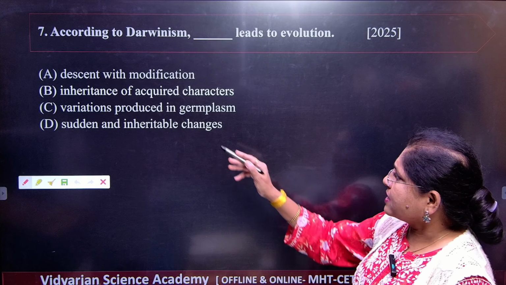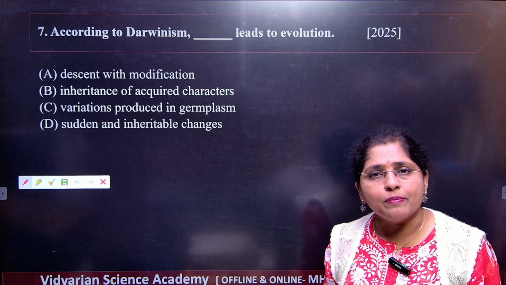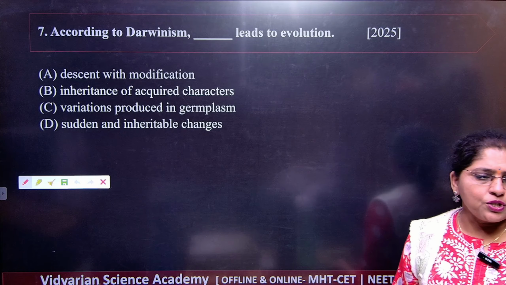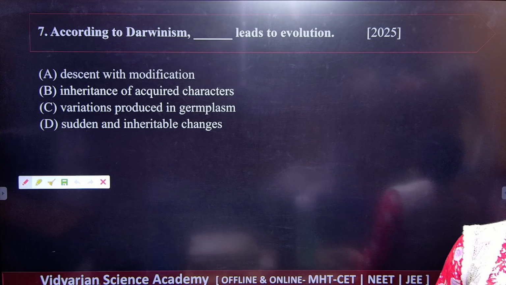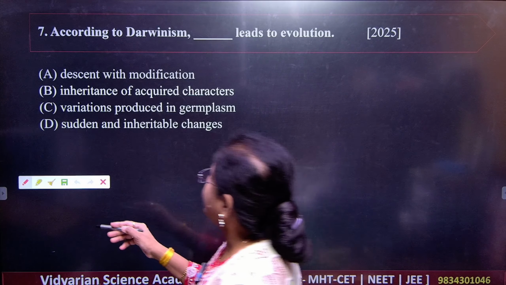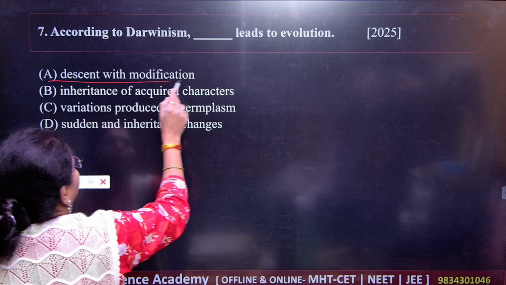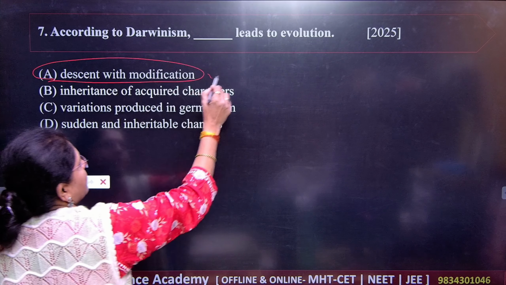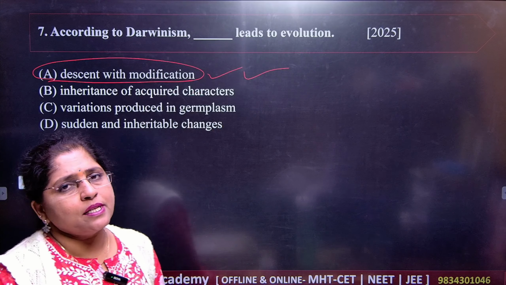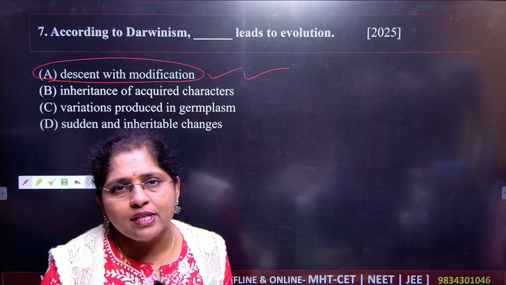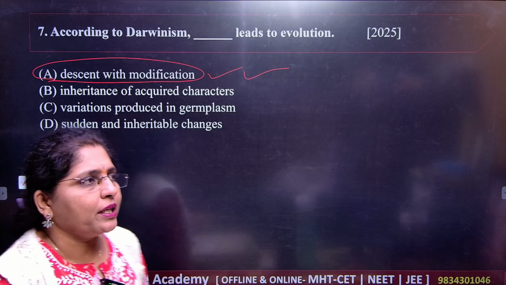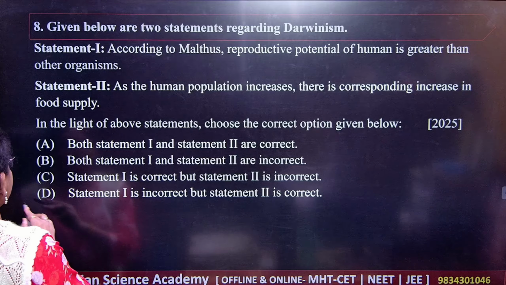Next is variations produced in the germplasm, and sudden and inheritable changes. What should be your correct answer? Darwinism is totally based on descent with modification. So A is your correct answer. Dear students, please revise Darwinism, Lamarckism, and the modern evolution theory. Got it?